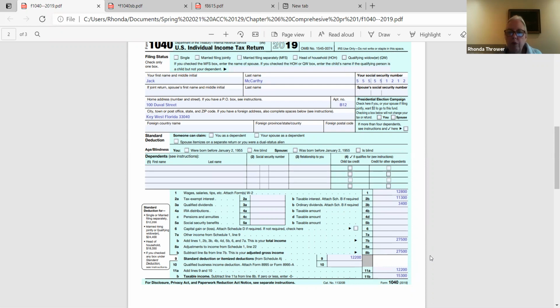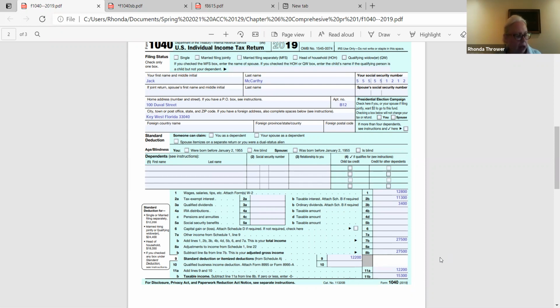On the next part of your problem that is written in your textbook, it says, in spite of his fairly large income, the McCarthys provide over 50% of his support and claim Jack as a dependent in 2019.